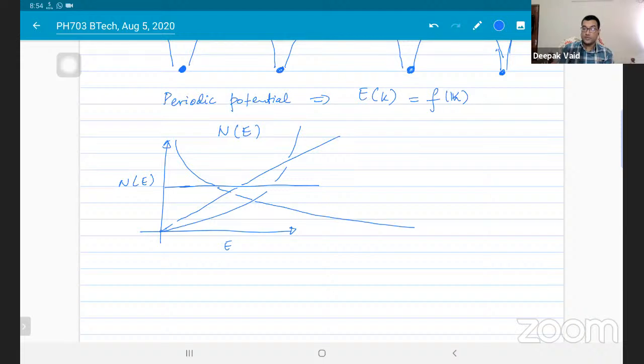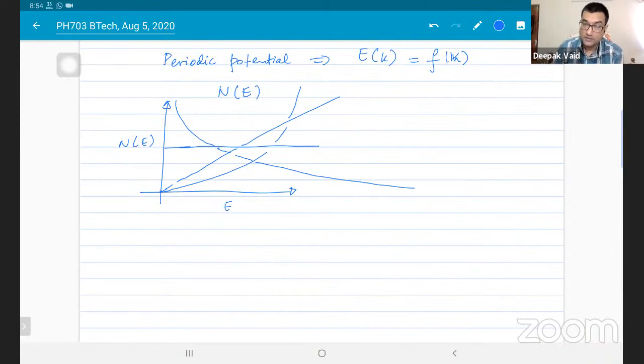Now, you imagine that, for example, you're calculating something like conductivity, right? So what does the conductivity have to do with this density of states? You might remember that there is the band theory of solids, right?